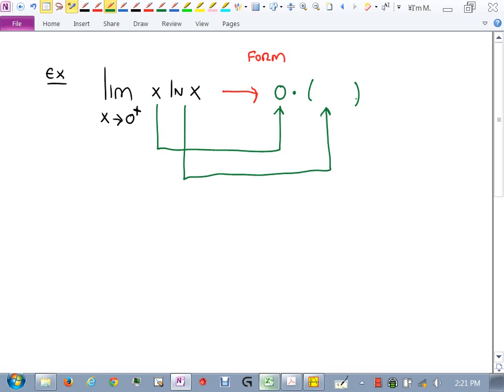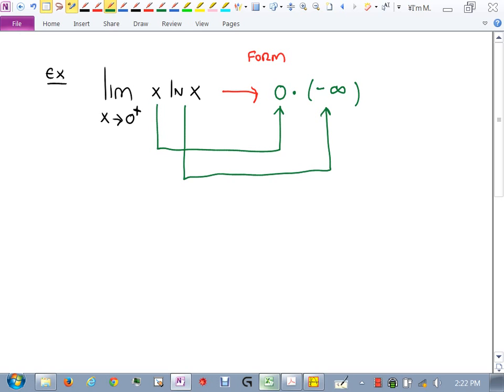Natural log of 0 is undefined. But as you get closer and closer to 0 from the right side, the natural log dips down. You have to remember that from last class. Natural log dips down, so that's going to go to negative infinity. This is an indeterminate form, isn't it? Something wants to get small, something wants to get huge, but negative.